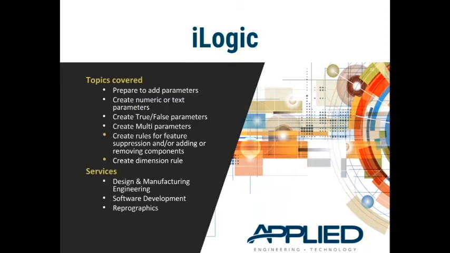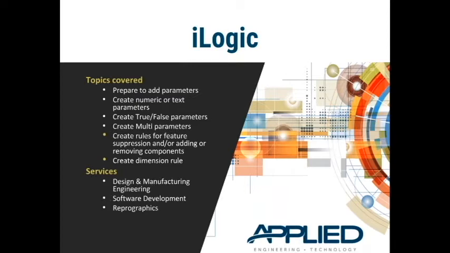But with your iAssemblies or iParts, all that's really doing is suppressing or unsuppressing components, maybe changing the color of your components, and so on. But with iLogic, you have that form, make a change in your multi-value list or whatever it may be, and lo and behold, your assemblies or whatever file type it is will update with the changes you want.